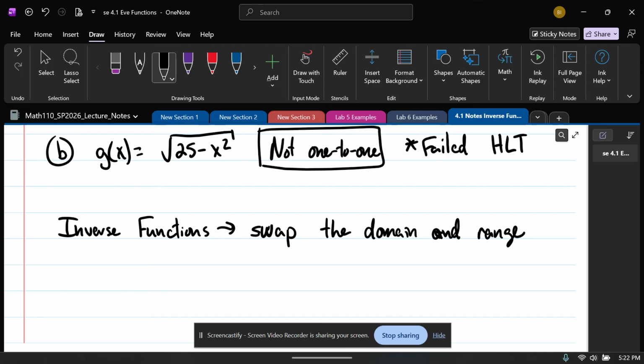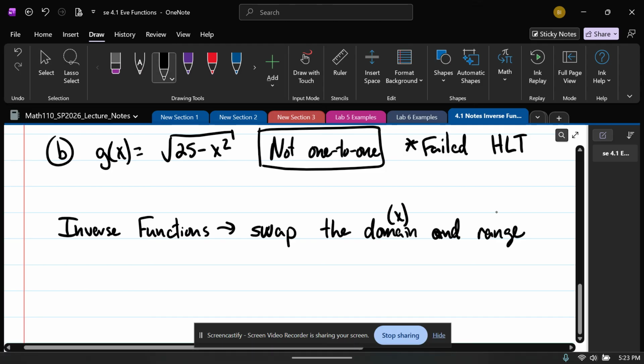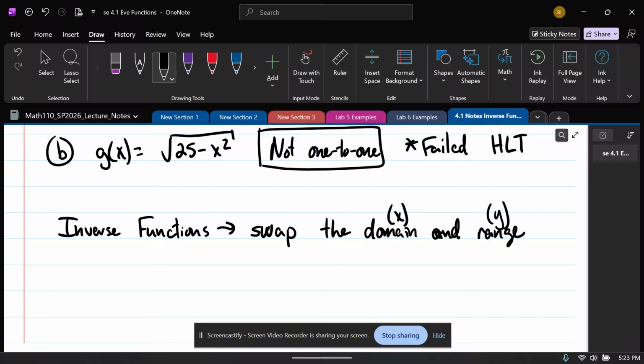Domain is what letter? X values. Range would be the Y values. It swaps X and Y. That's going to be an important thing. You're going to hear that a lot here in a little bit when I say swap X and Y. But it swaps the domain and range of the original function.